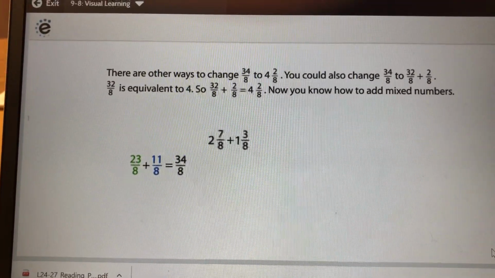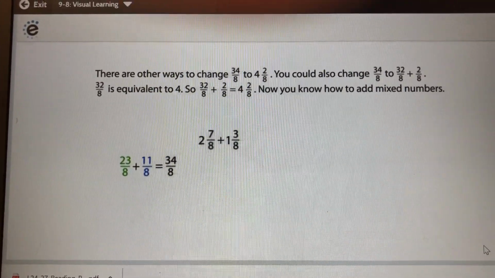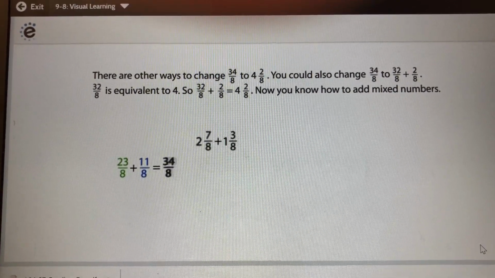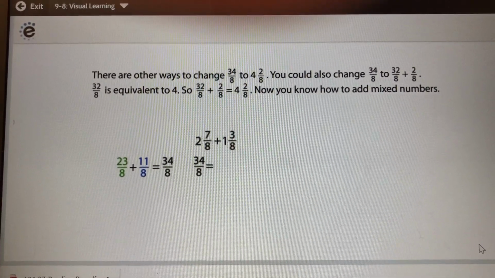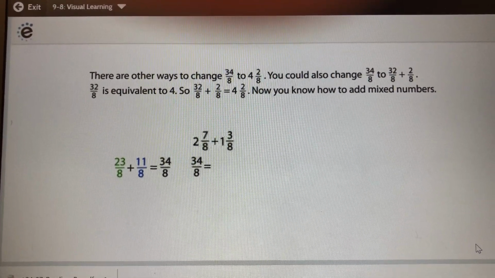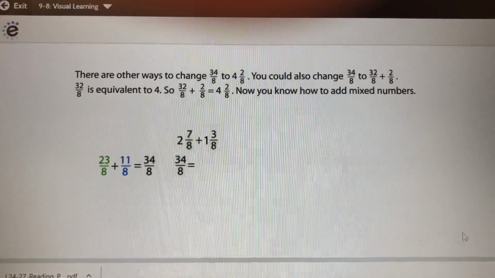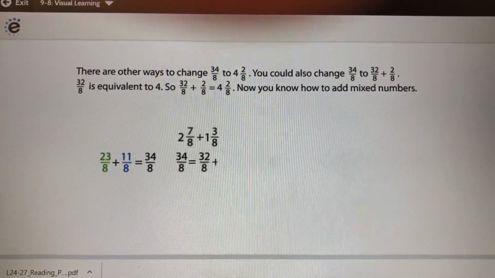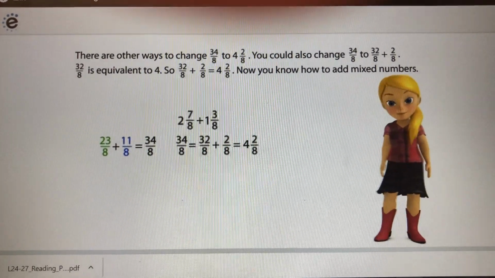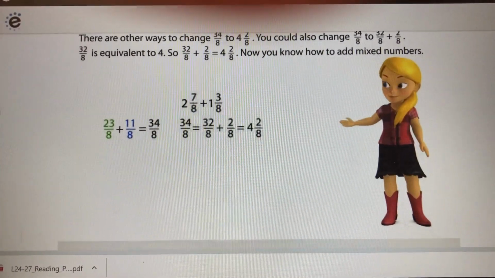There are other ways to change 34/8 to 4 2/8. You could also change 34/8 to 32/8 plus 2/8. 32/8 is equivalent to 4. So 32/8 plus 2/8 equals 4 2/8. Now you know how to add mixed numbers.